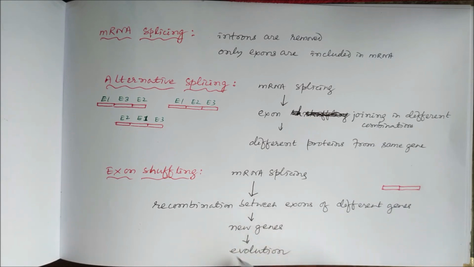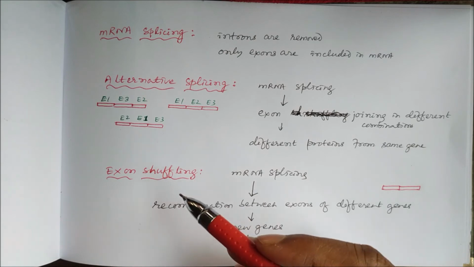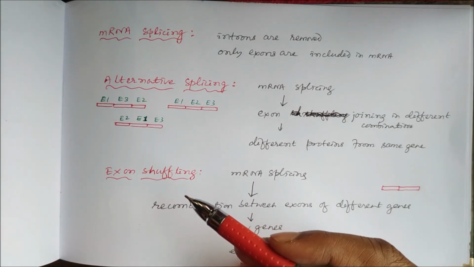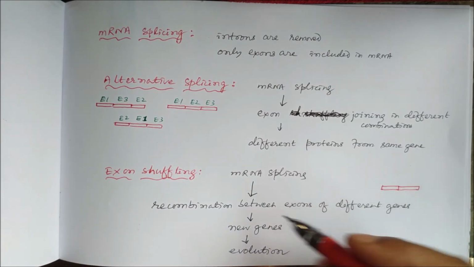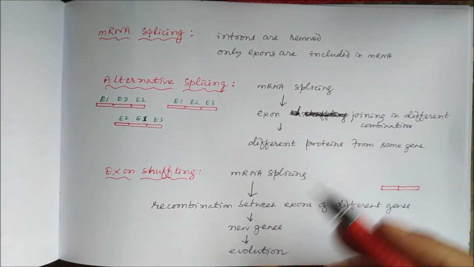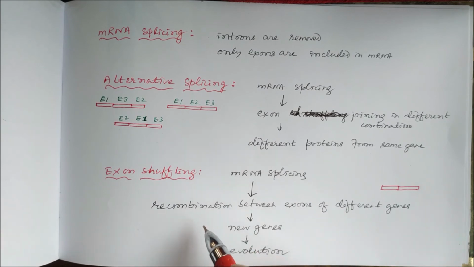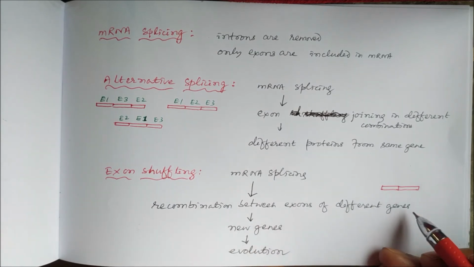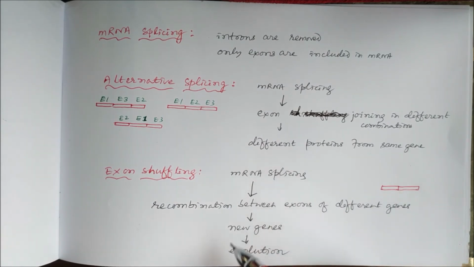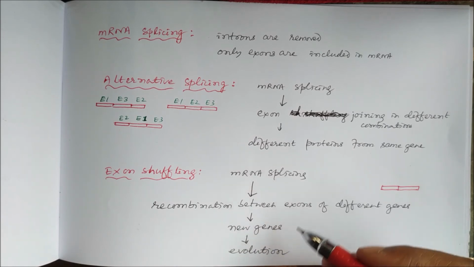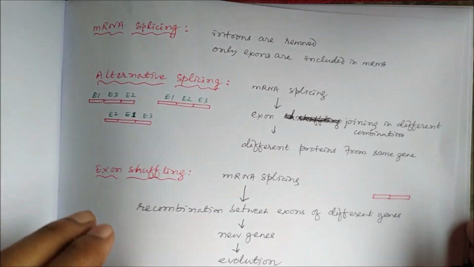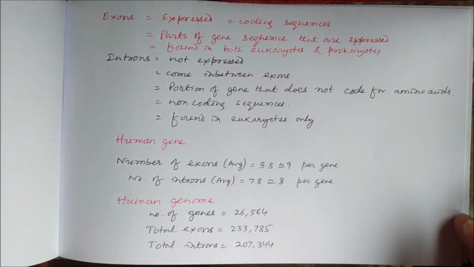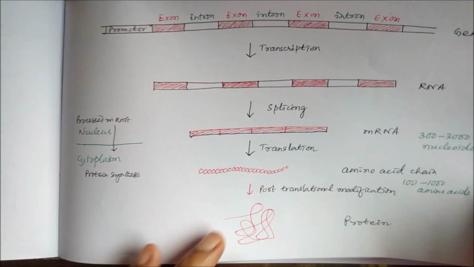This is the mechanism of evolution, and we call this process exon shuffling. So exon shuffling is a process where recombination between exons of different genes occurs, so that we get novel genes, new genes, and that is the basis of evolution. So this is all about exons and introns. Thank you.